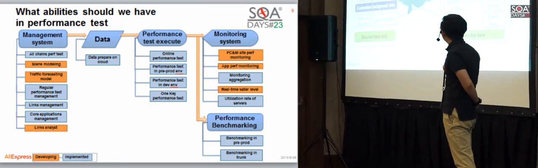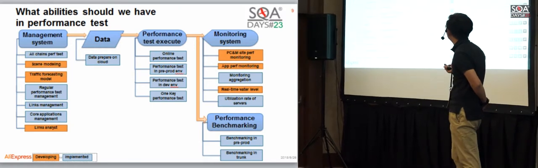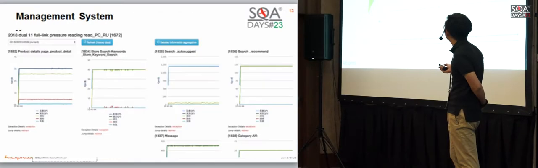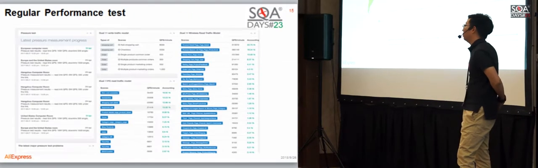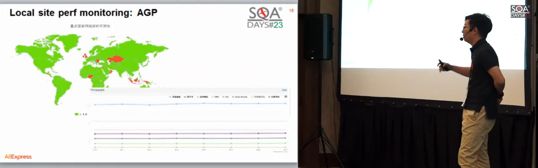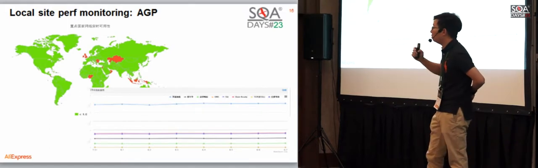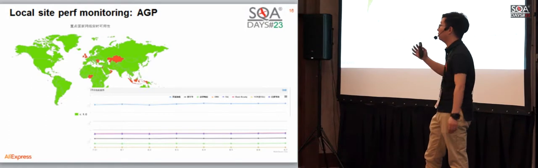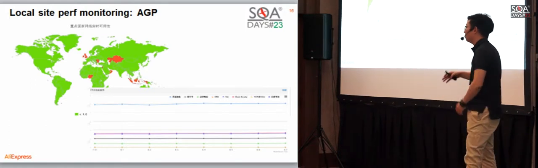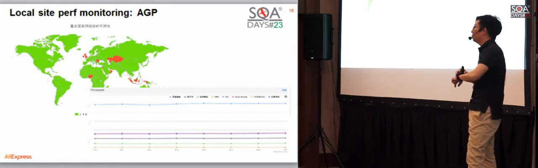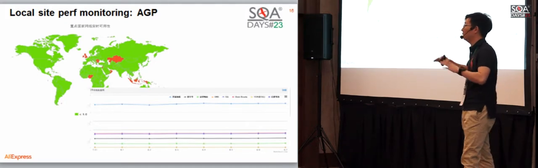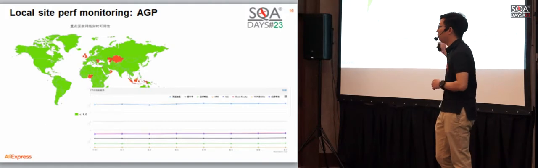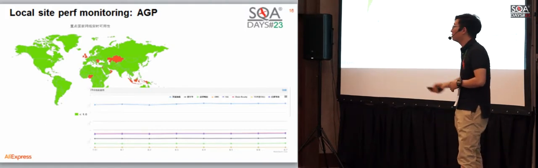For front-end performance, we only have the AGP platform to monitor it. But for the front-end performance, we didn't test. It is hard for us to simulate and test it, and we will develop some tools or find other tools to do front-end performance testing.